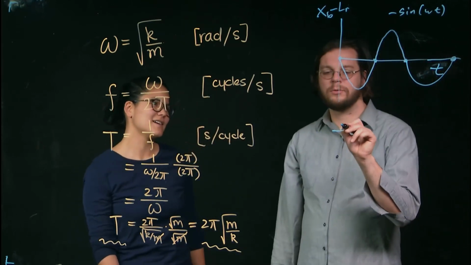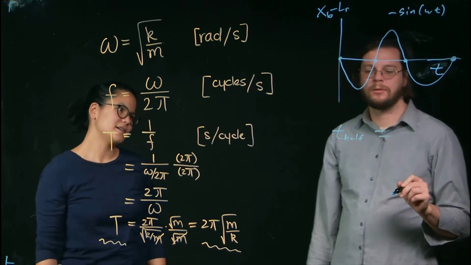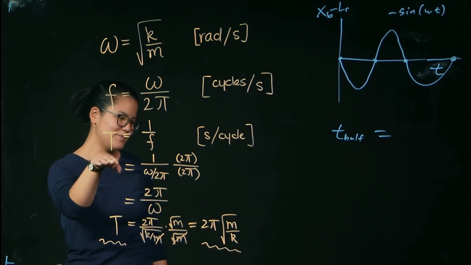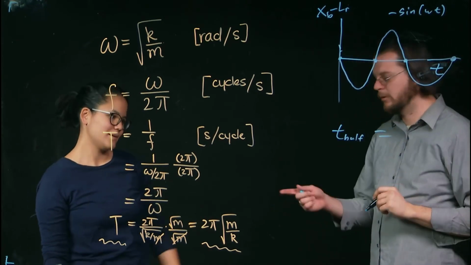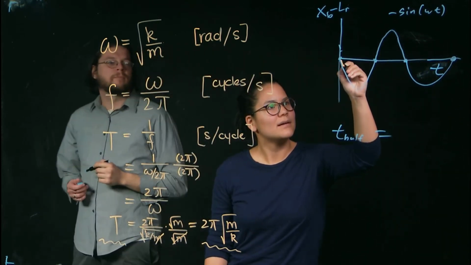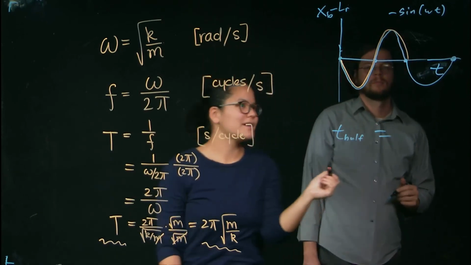So if that's true, then t half, the half cycle time, is what fraction of the period? Big T over 2. Right. So if this is the period, maybe we could use the orange one. You're going to draw that on there. So that's the period.